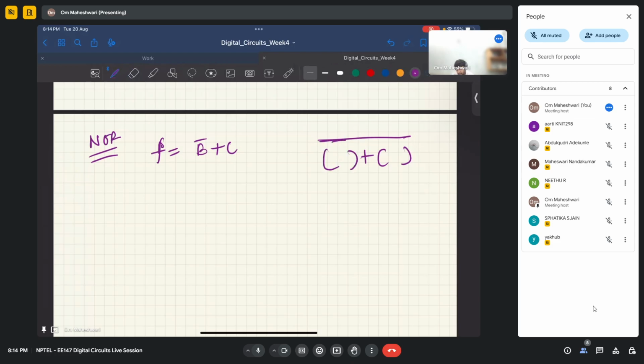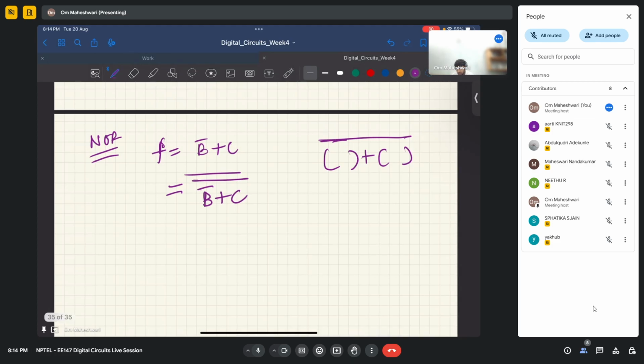We already have a plus. So what we can do is for NOR B bar plus C, I do this bar 2 times, right? Then I can solve it as B bar dot C whole bar.